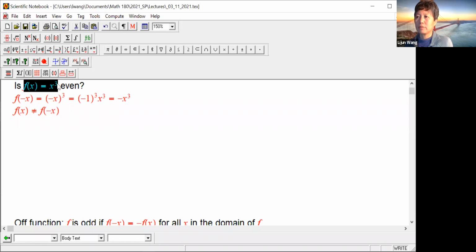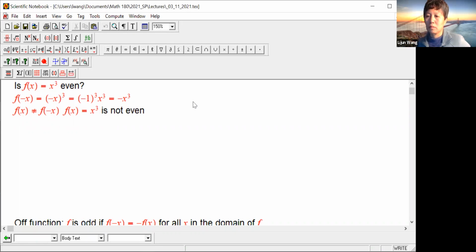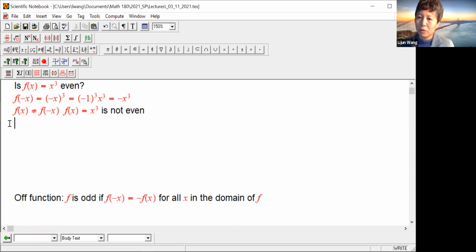This is f of x and this is f of negative x, and thus it is not even. That's all we can say. It's not even. So these are the general steps to prove a function is even or not even.